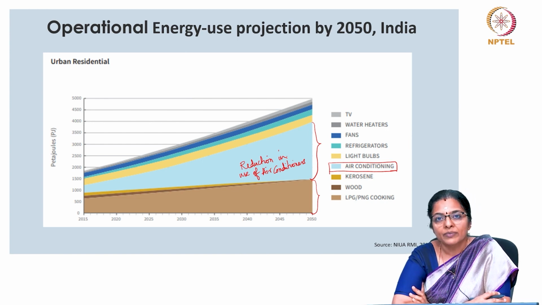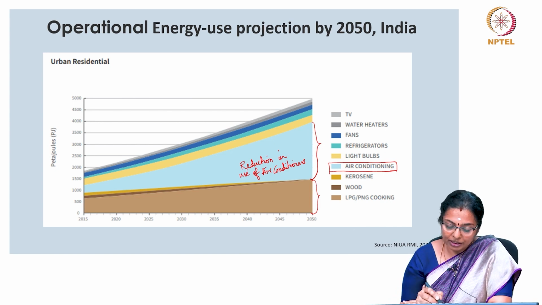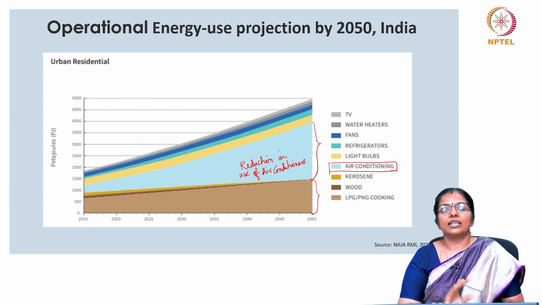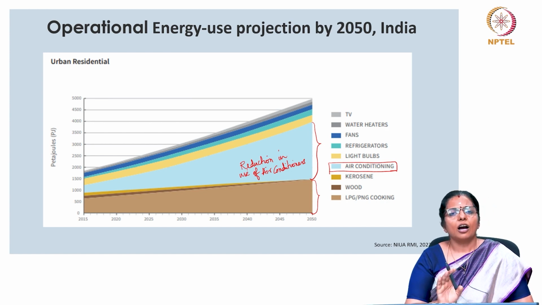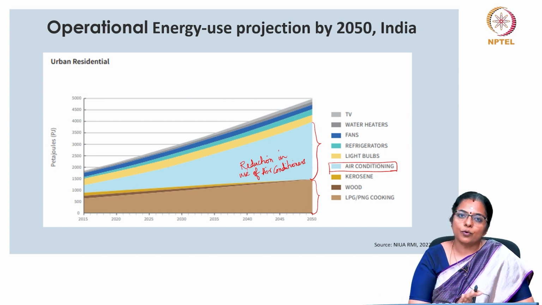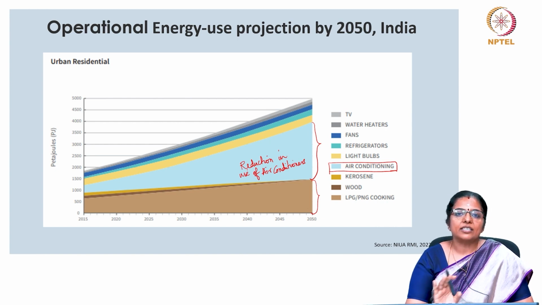But the reduction in use of air conditioner is in the hands of the designer, and that is a major responsibility we have as architects and designers. Of course, the efficiency of air conditioner is also another thing which mechanical engineers focus on, but that is for another day.